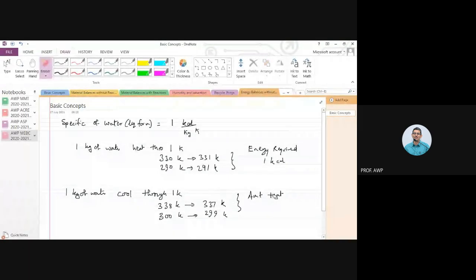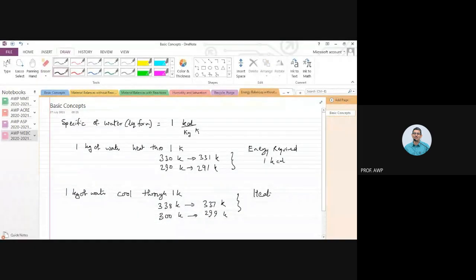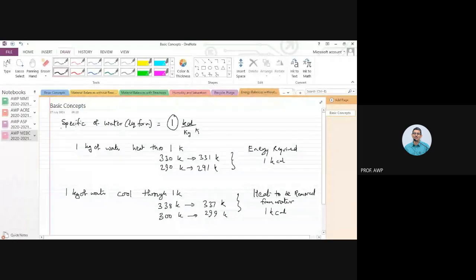We are using the words energy and heat interchangeably, so I think we will continue using one word. That's the meaning of the word specific heat.